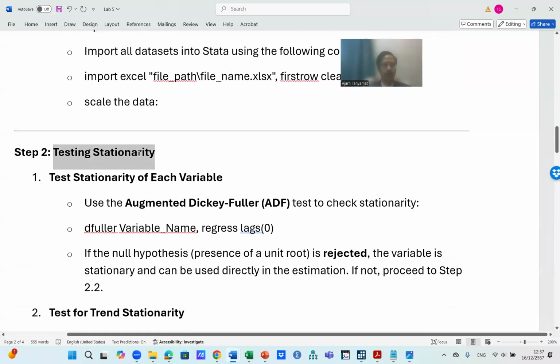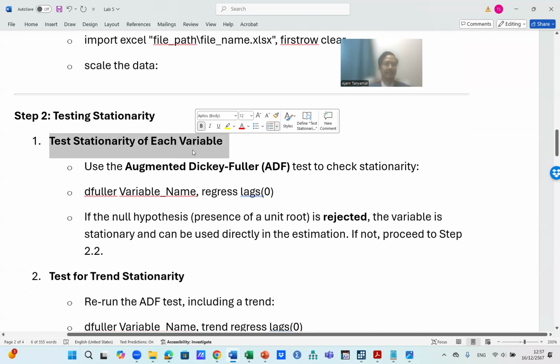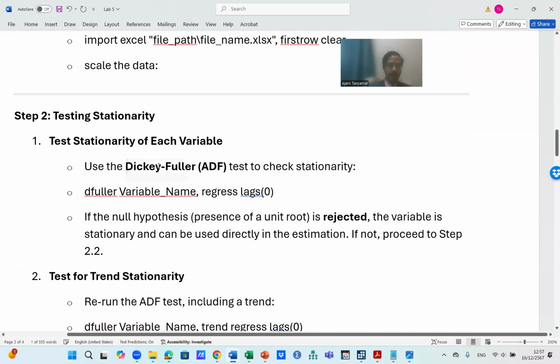It's ready to go. The first thing you're going to have to do in this exercise is to test for stationarity, right? So first, we're going to use the Dickey-Fuller test, okay? The command is dfuller variable name.